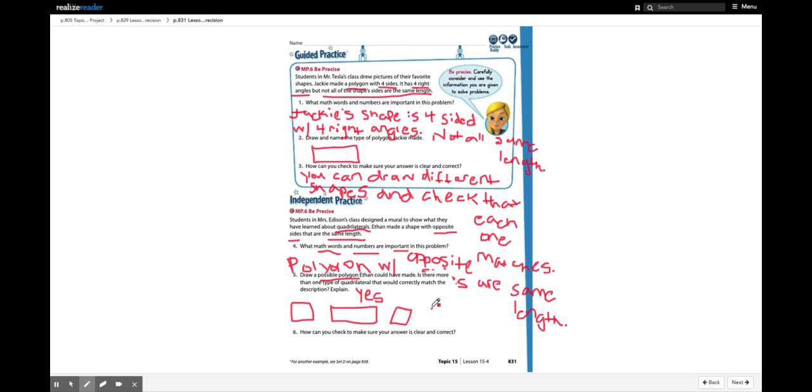Or a parallelogram could work. Those are all other possible polygons. But then the question is, why? These quadrilaterals are with opposite equal sides, right? And these all do.